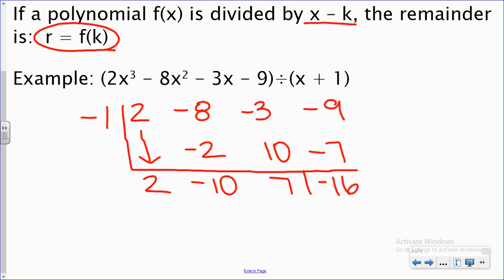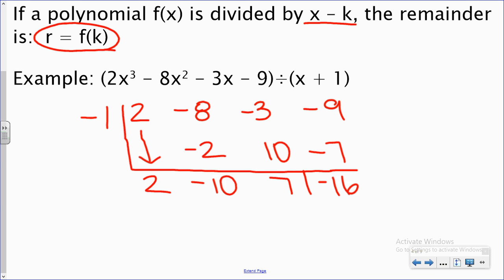Okay. We learned this last year. Now, if I was asking you for the quotient, or to perform the division, you would say 2x squared minus 10x plus 7, and then minus 16 over x plus 1. But what else can this give us, all right?